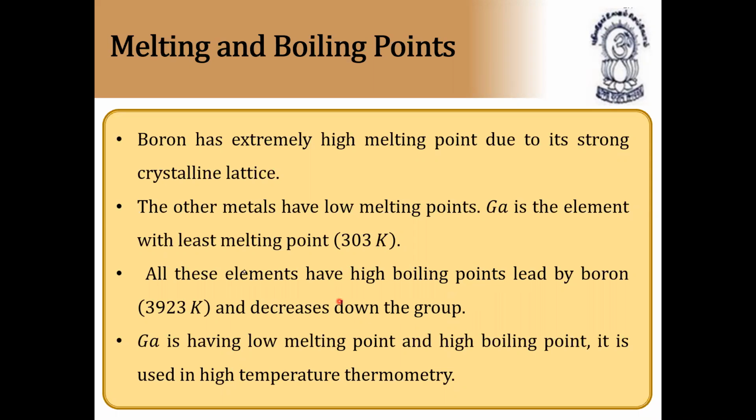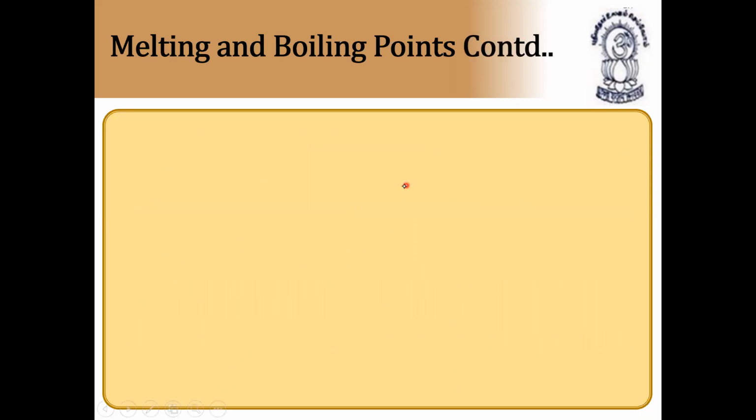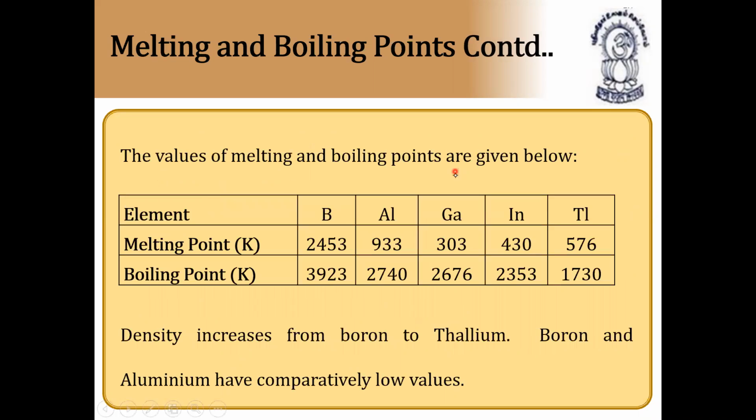Next, the values of melting and boiling points are given below. Melting point of boron is 2453 kelvins, aluminium 933, gallium is exceptionally low because it is liquid at room temperature, next 430 and 576. As these do not follow a regular trend, the orders for group 13 elements are very important.